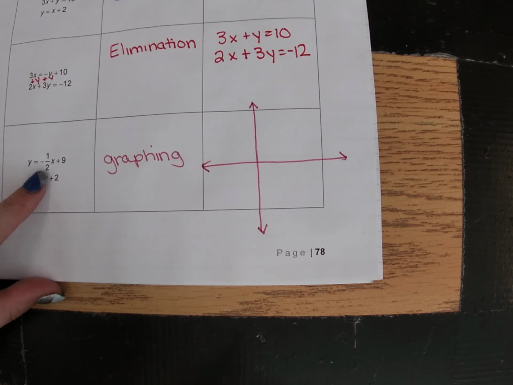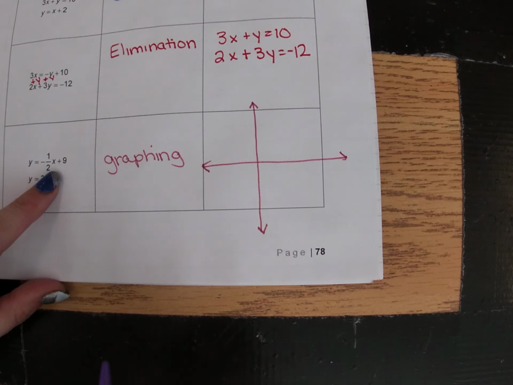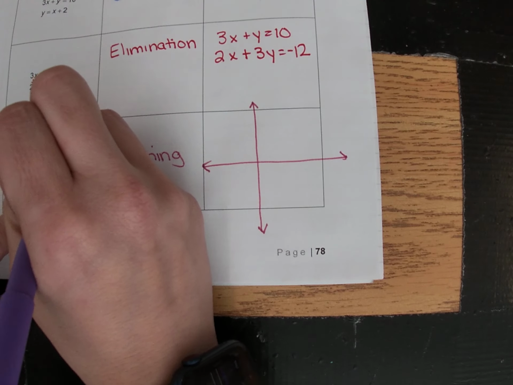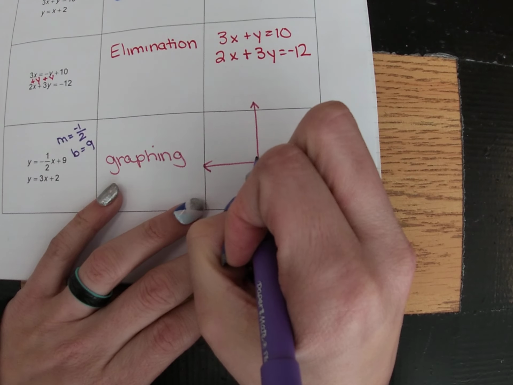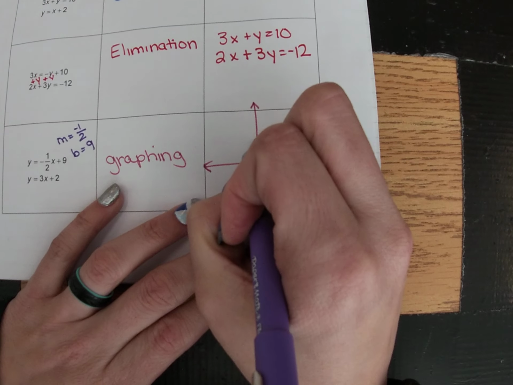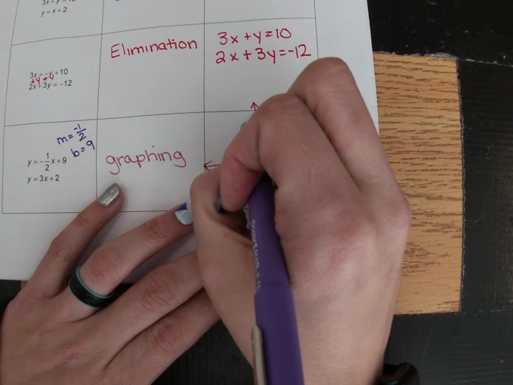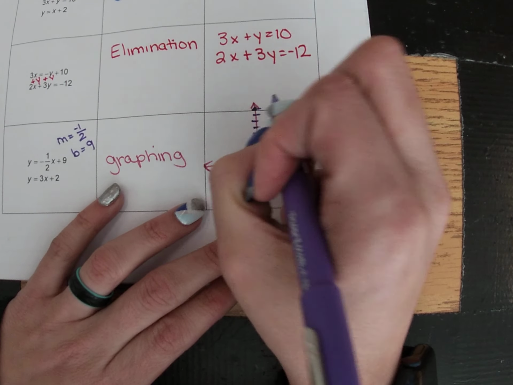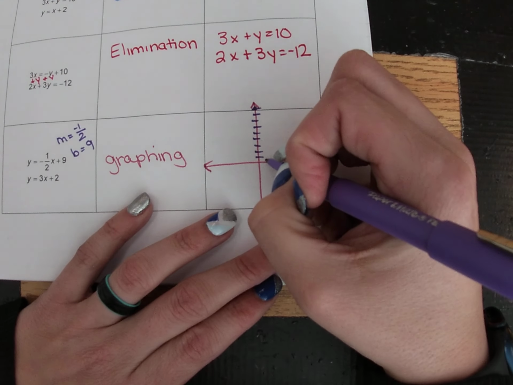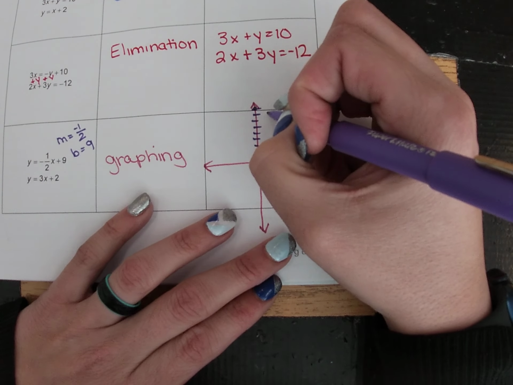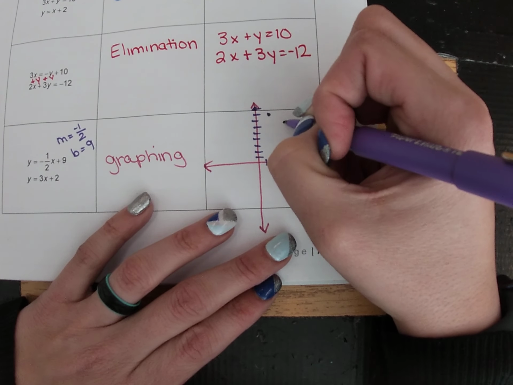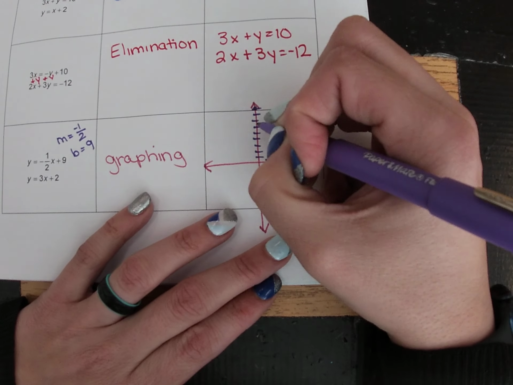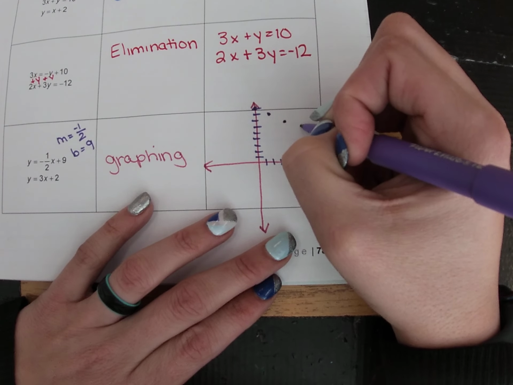So on this first equation, our slope is -1/2, our b is 9. So we need to make sure we're drawing this well enough that we're keeping track of all of those points. So I'm starting at 9 and I'm going down 1, right 2. Down 1, right 2. Down 1, right 2.